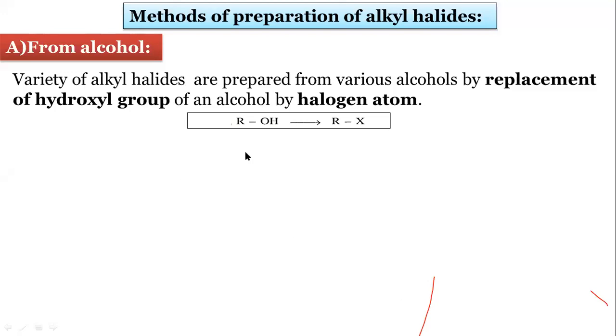Many types of alkyl halides are prepared by using alcohols. In this, the OH group is replaced with X, meaning ROH is converted into RX. Such a reaction occurs by using alcohols.